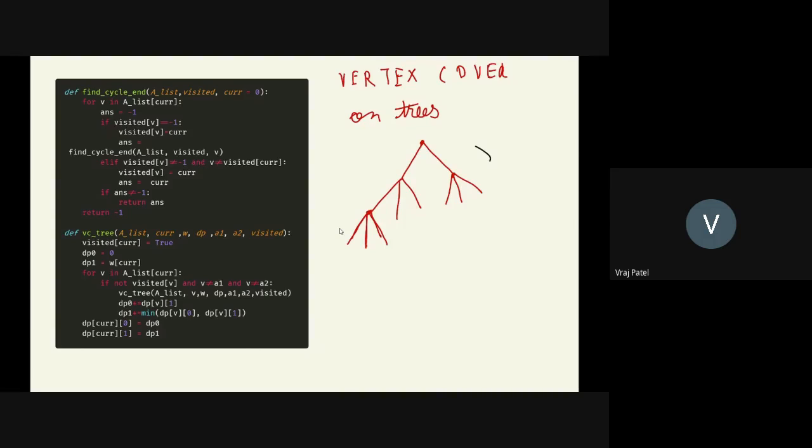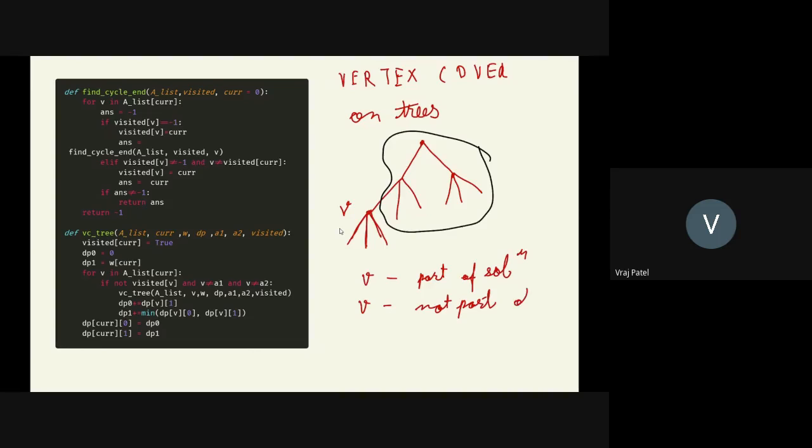For this root, what are the possibilities with regards to this vertex cover problem? There are two possibilities. Either this vertex, suppose this is V, is part of the solution, that is part of the vertex cover, or V is not part of the vertex cover. So these are the two possibilities.